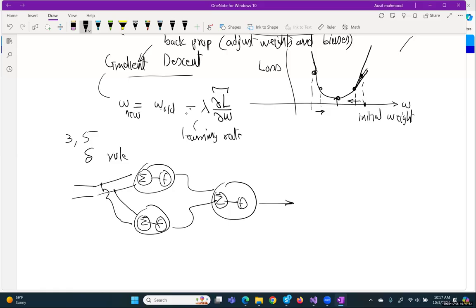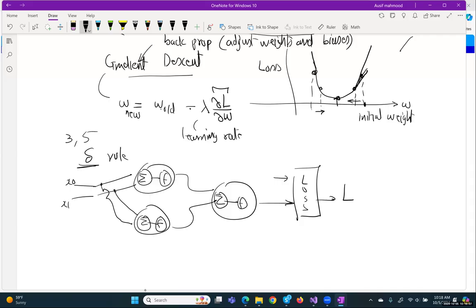Okay, as you know, every input will go to every other neuron, right? In this example, suppose we have some target given, and here's our loss. Just to refresh our memory on the delta rule, what was the concept over here?